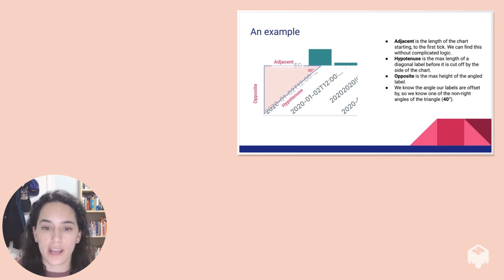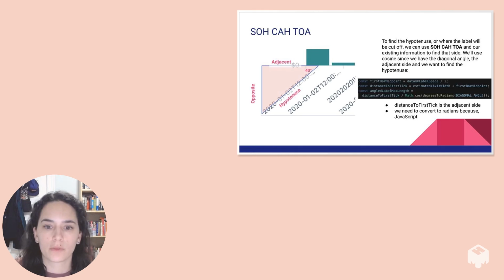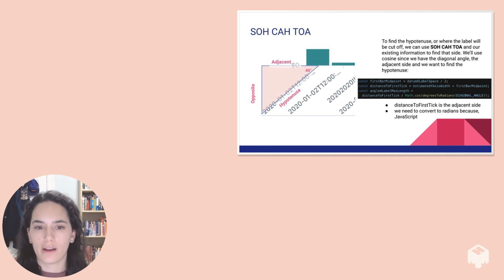And we know that angle in the corner, where you can see it says 40 degrees, because that is the angle that I'm rotating my labels by when they get too long. So now you can see the magical high school math is coming into play. I know that this is probably giving people flashbacks to high school and having to remember SOHCAHTOA and all these acronyms.